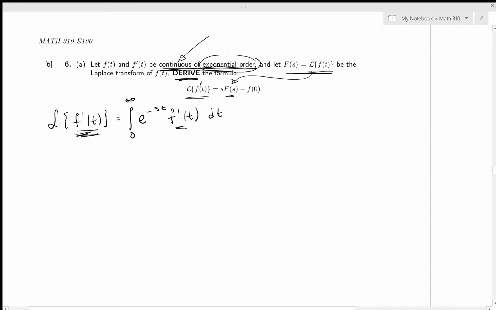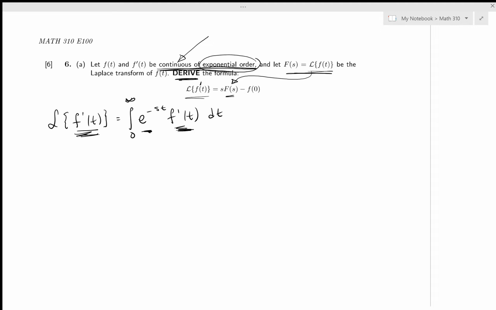So what should I do now? Well, I don't know what f prime of t is. However, I can represent both its integral and its derivative, because I know that the integral of f prime is f, and I know that the derivative of f prime is f double prime. So it looks like a classic example of integration by parts, and I have to decide, should I assign u to be e to the minus st, or should I assign dv to be e to the minus st?